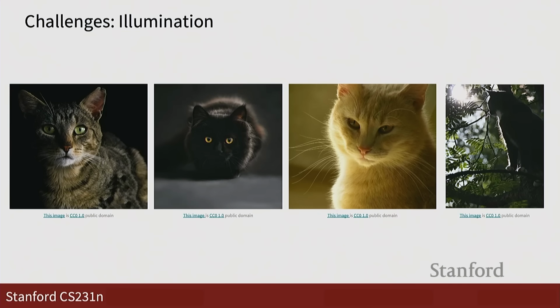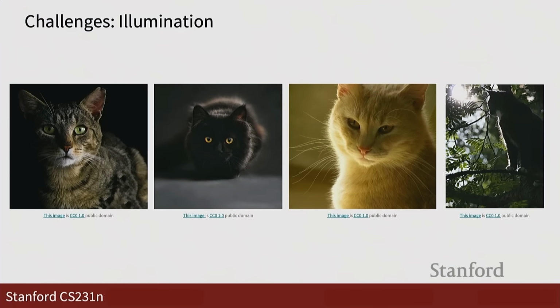That's why the same cat, the same object, may look different in terms of numbers when pictured in different illumination conditions. Whether the cat is in a dark room or under the sun, it's still the cat. It's one cat, but this creates challenges for the machine.